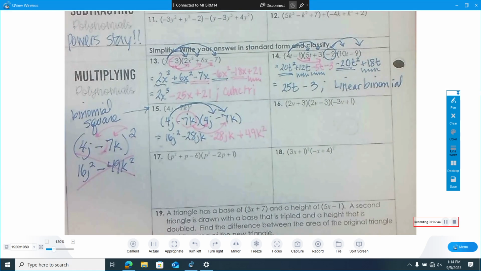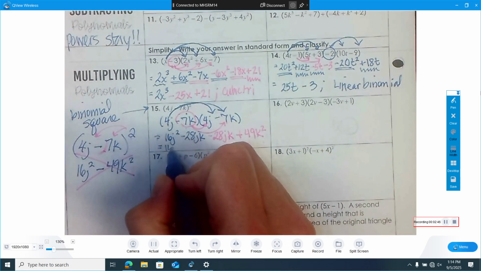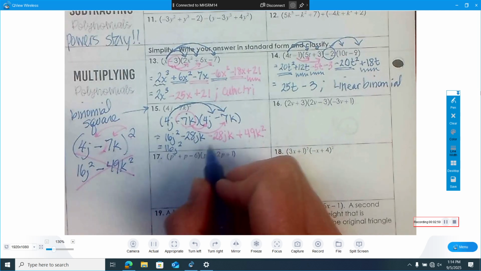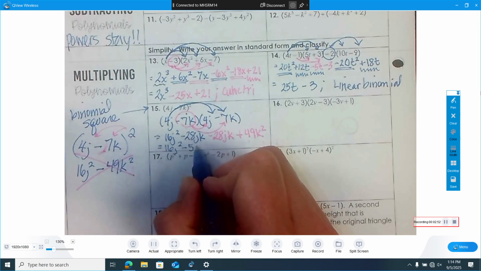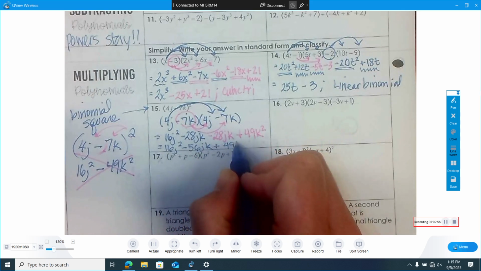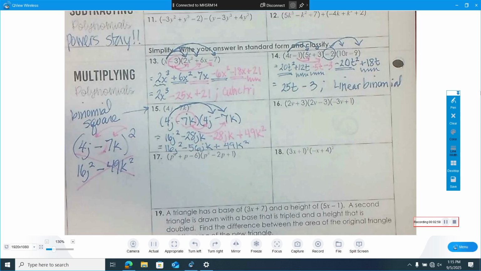So when we clean this up, we get 16j squared, negative 56jk plus 49k squared. And what would you call that? Quadratic trinomial.